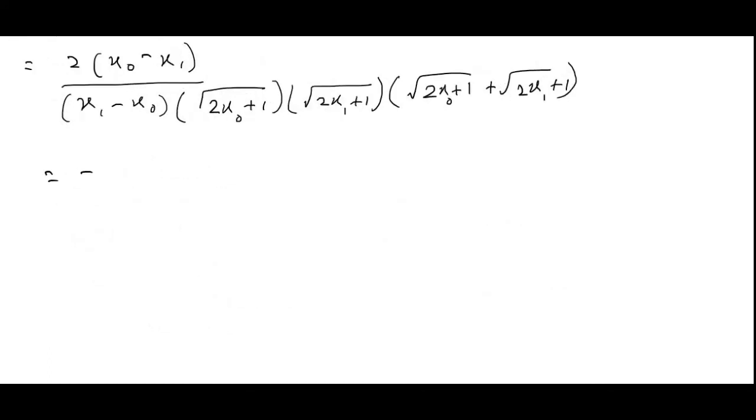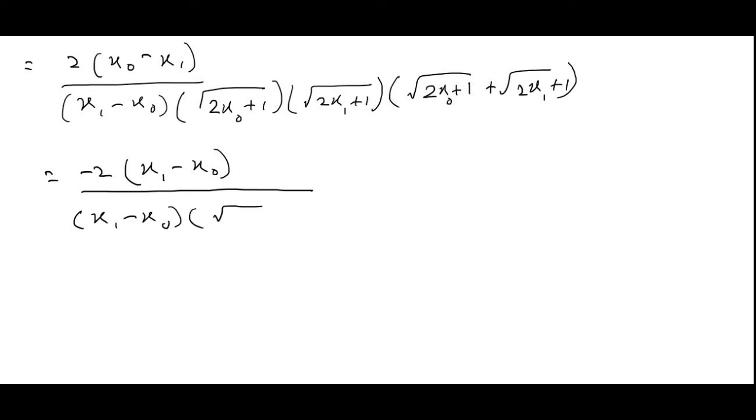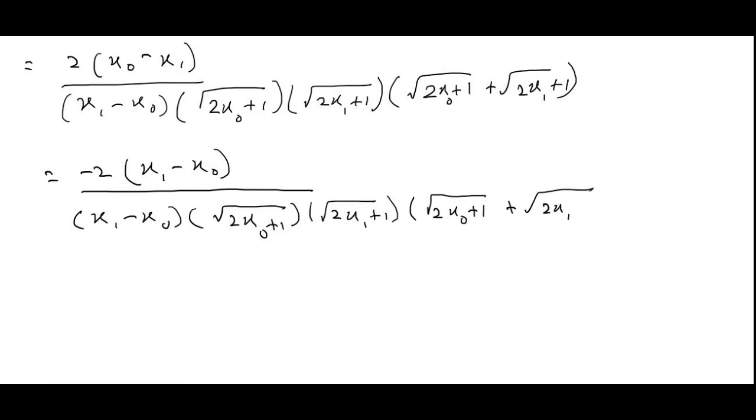Now minus 2 and rearranging, so it will be x1 minus x0 under root 2x0 plus 1 under root 2x1 plus 1 under root 2x0 plus 1 plus under root 2x1 plus 1.